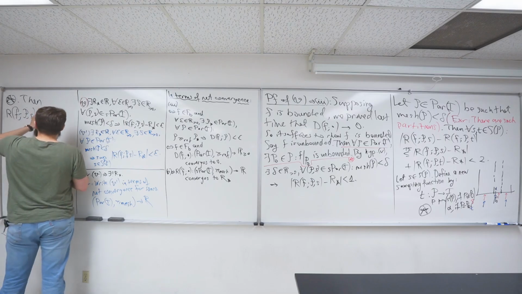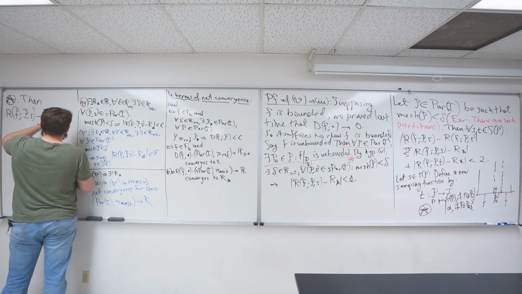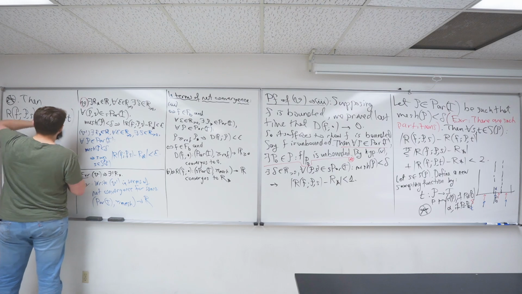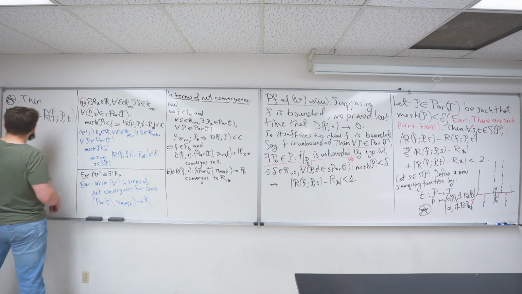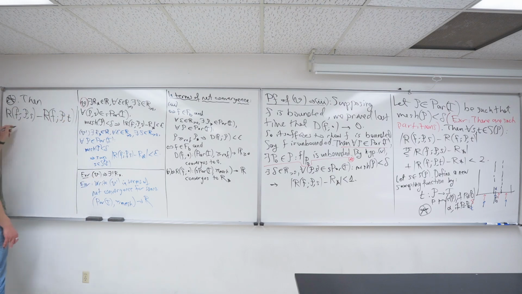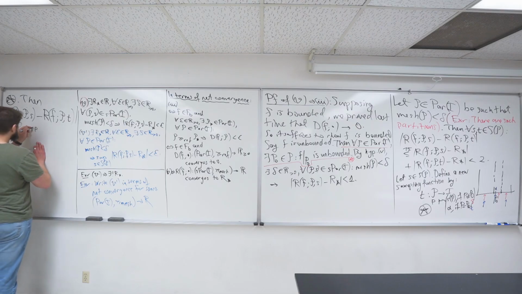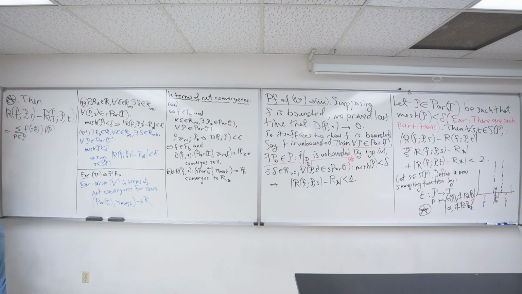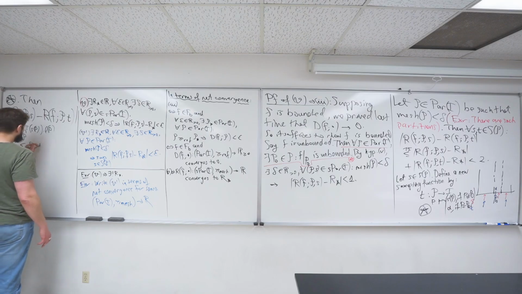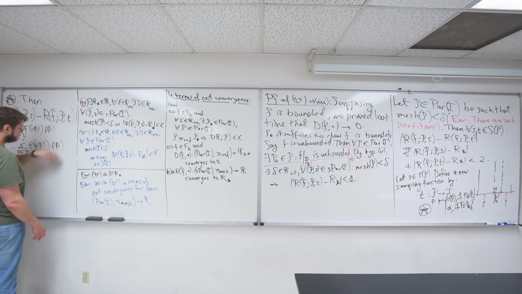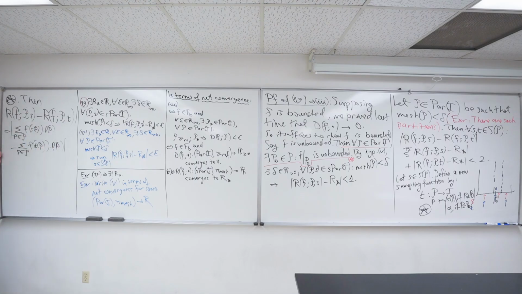I look at this. What is the difference between the two Riemann sums? Let's do this once, opening these up. Sum over all pixels, f of s of p times the length of p, this is this Riemann sum, minus f of t of p times the length of p, all in absolute value.